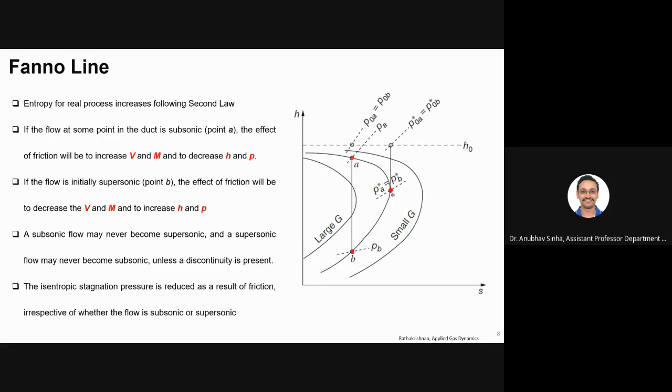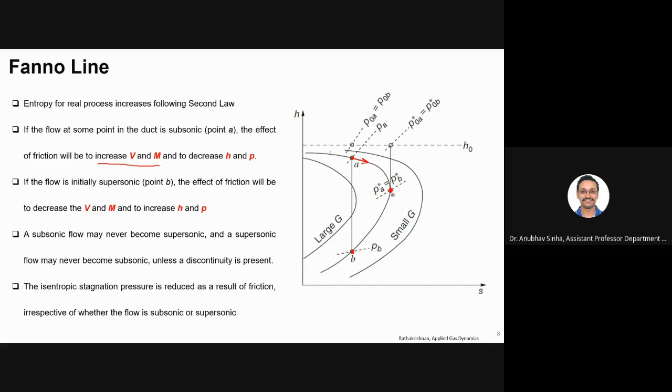So if I go in this direction, what does it mean? Velocity is increasing and Mach number is increasing, right? You agree? Yes. So velocity and Mach number increase in this direction. Now what about H? H will be decreasing because H is in the Y direction.